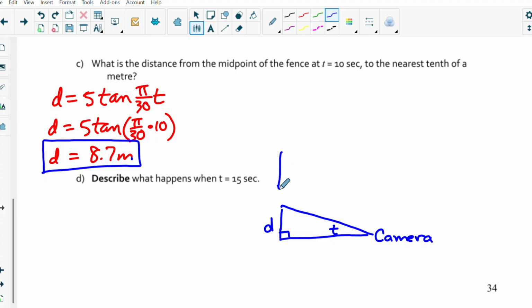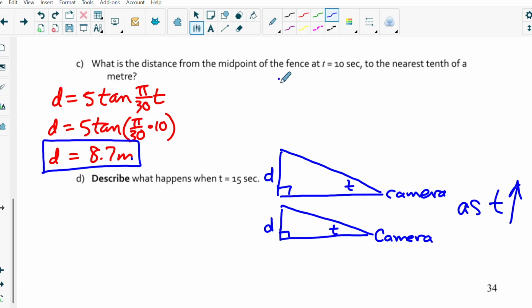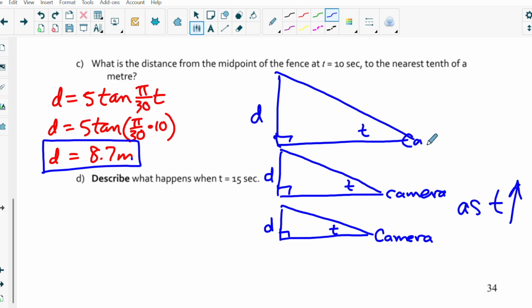And then as t gets bigger, what happens? As t increases, let's make t really big here. This is my camera.